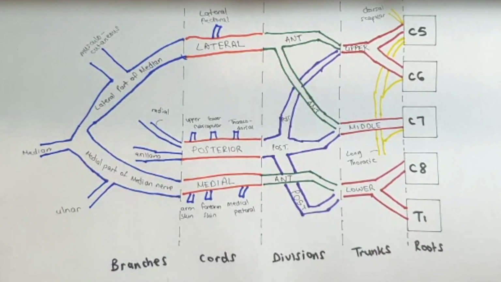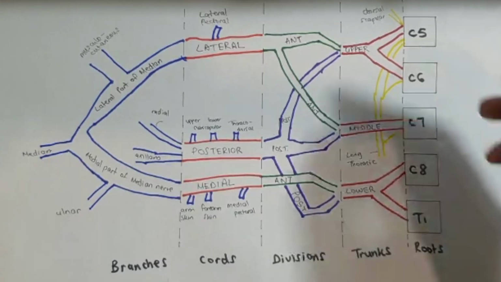So those are the two that are found stemming from the roots. Now, we also have two more nerves that arise from the trunks, but only the upper trunk. So the upper trunk is the only trunk that gives rise to nerves. And these include your suprascapular nerve as well as your nerve to the subclavius.